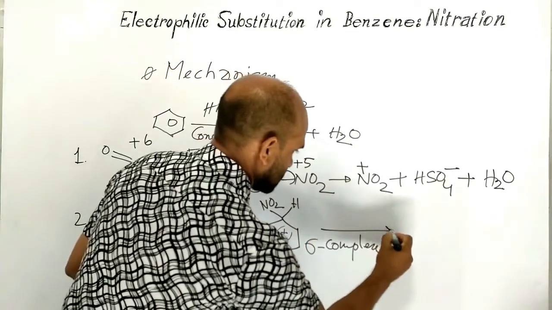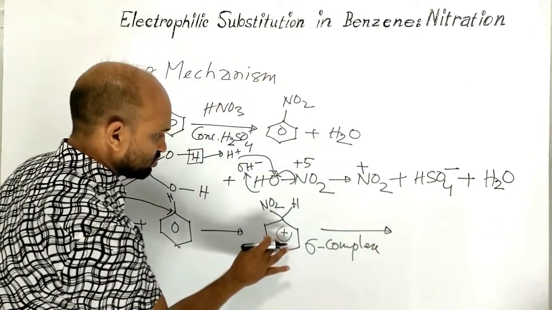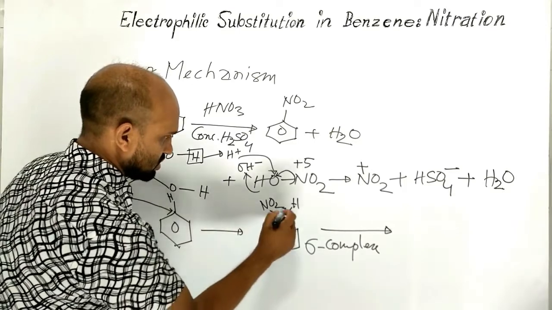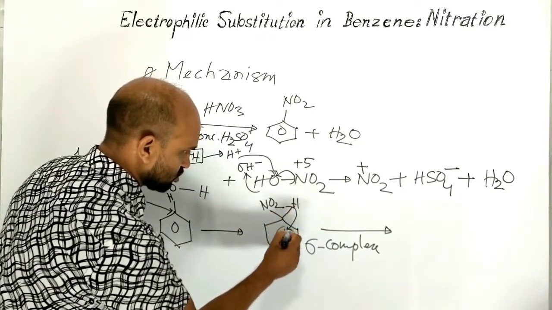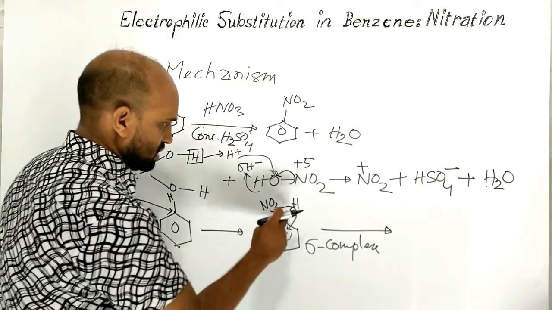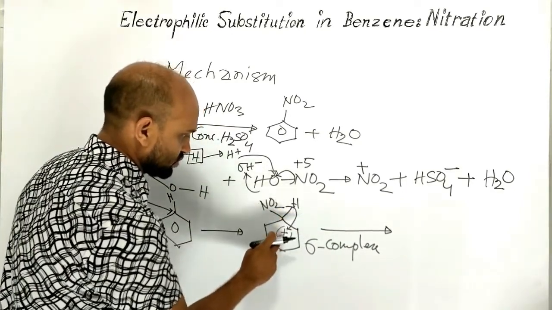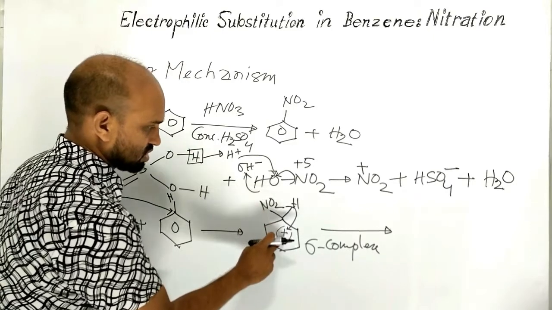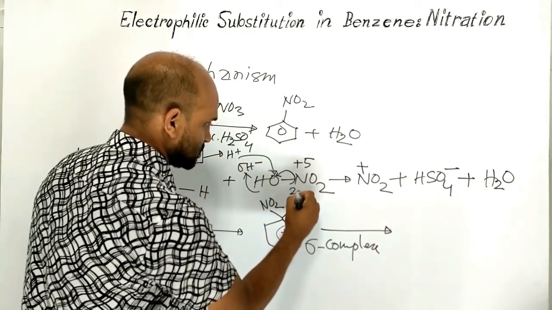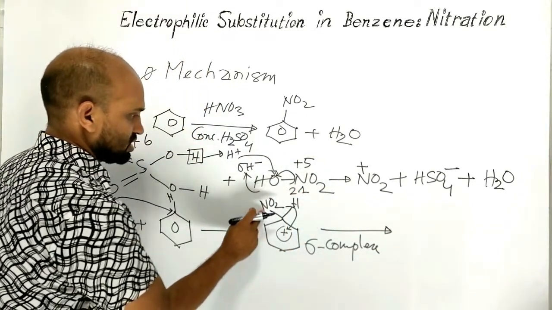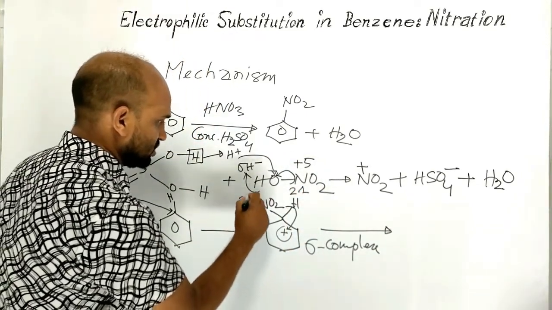Now, because of this positivity, these covalently bonded electrons move towards this positive charge. These bonded electrons move here, not these bonded electrons, because hydrogen's electronegativity is 2.1, nitrogen's electronegativity is 3.1.